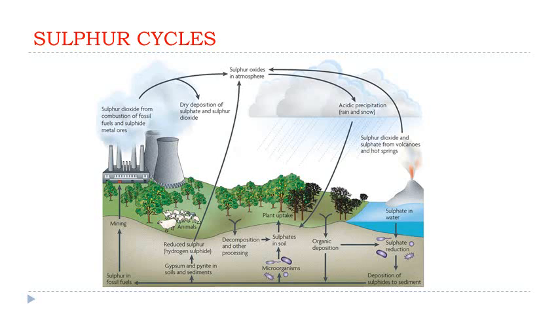This H2S can take up two pathways depending upon whether it is aerobic or anaerobic condition. In aerobic condition, the hydrogen sulfide is oxidized to sulfate by sulfur bacteria, and this is taken up by the autotrophs.